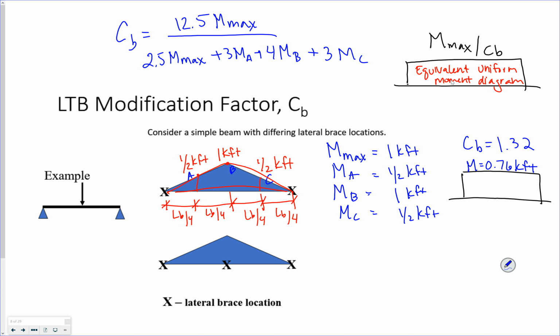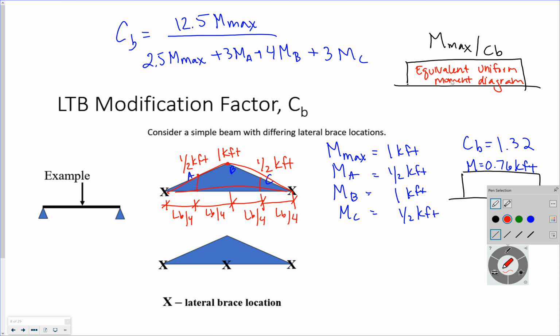I'm not going to have equal compressive stress along the length, so I'm not going to have the likelihood of it buckling the entire length. So I only have to design for 0.76 kip feet.